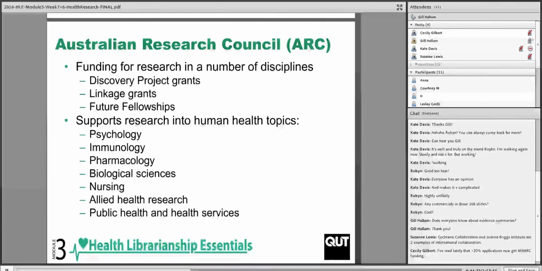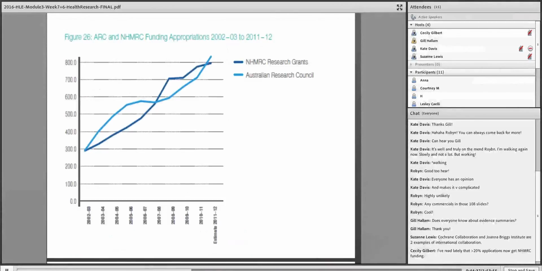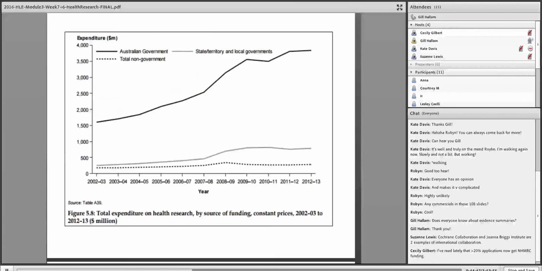So those areas on the screen there, psychology, immunology, pharmacology, etc. There are different ways of getting through their grant schemes, the discovery projects, linkage grants, future fellowships, etc. So another avenue for people to get involved in. And again, just that trend line that compares NHMRC research grants with ARC across the board.